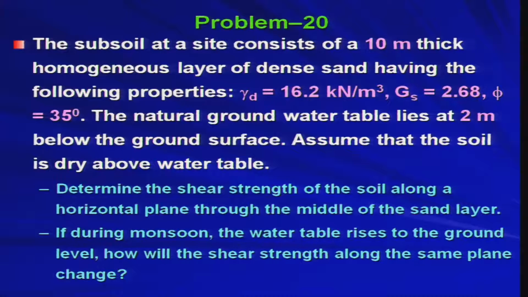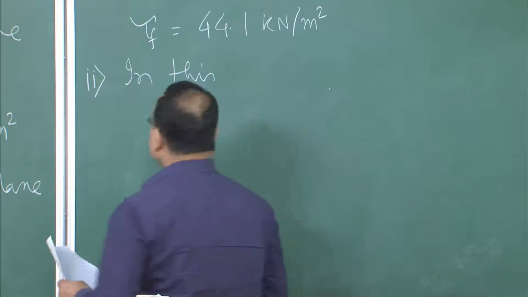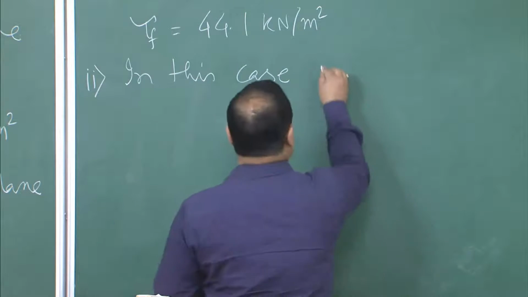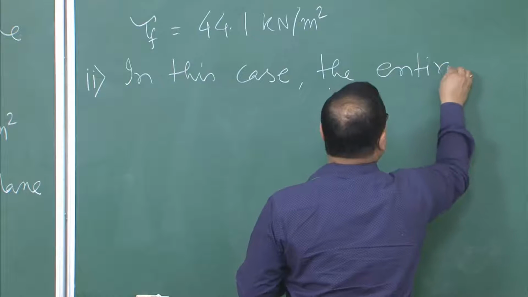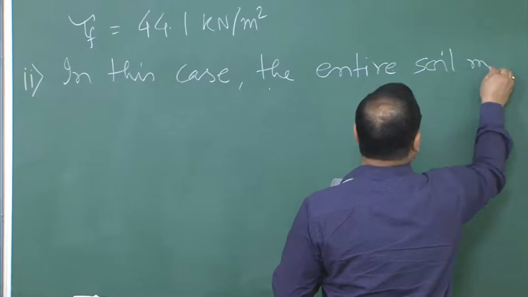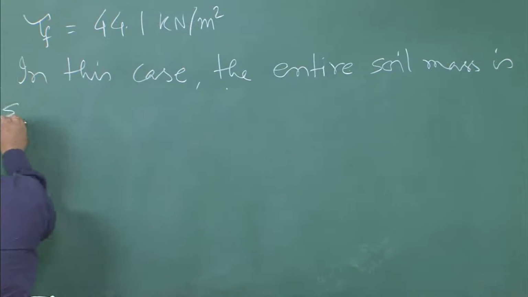That means, the water table rises to the ground level. So, the whole soil deposit is submerged now. In this case, the entire soil mass is submerged.